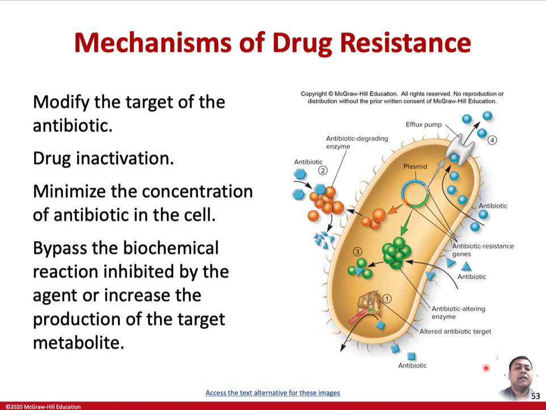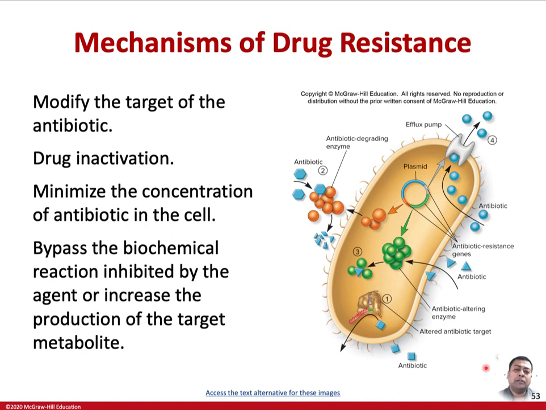On the other hand, there is another type of resistance, which is the multi-drug resistant pumps, also known as the efflux pumps. They can rapidly pump out different molecules from the cell. And think about this: many times these drug pumps are found in the outer membrane of gram-negative bacteria.